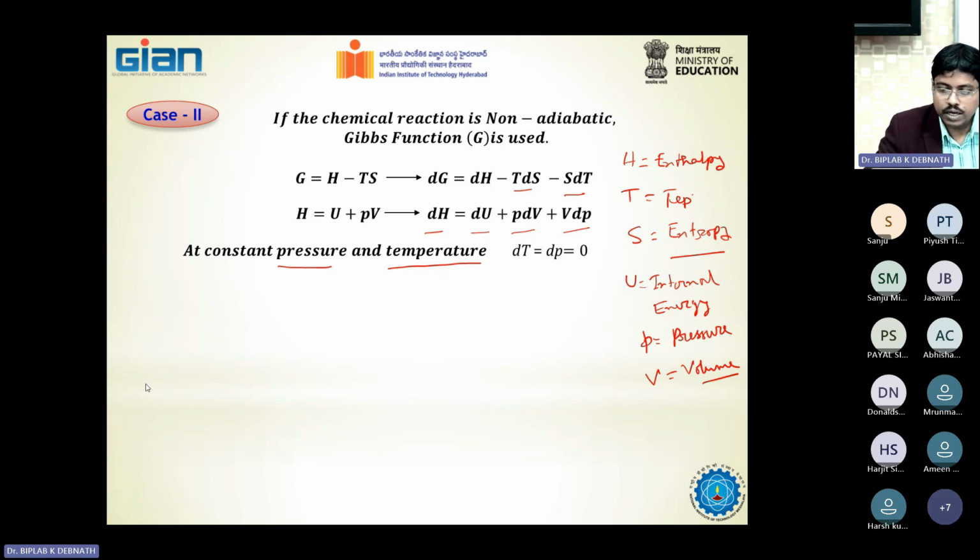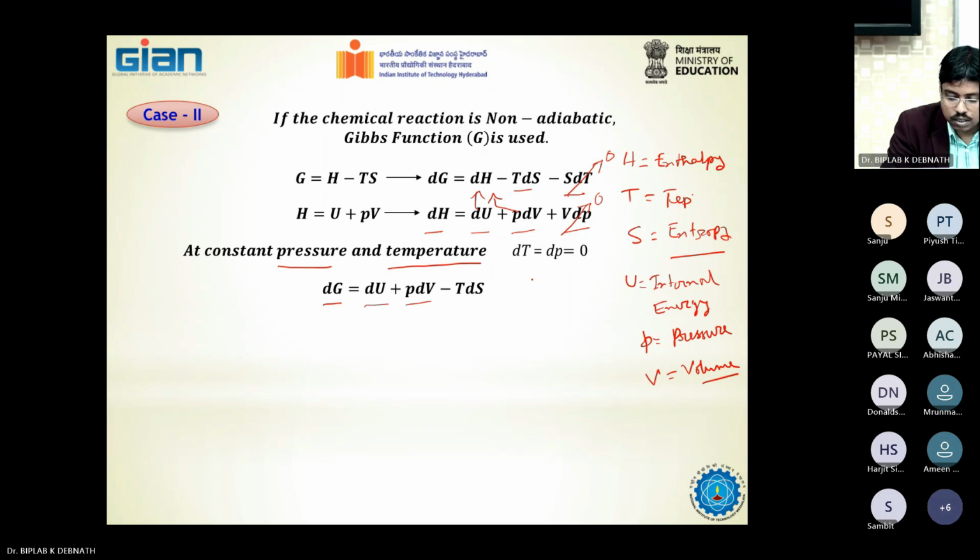So for the change of Gibbs function, dG becomes dU plus PdV minus TdS.